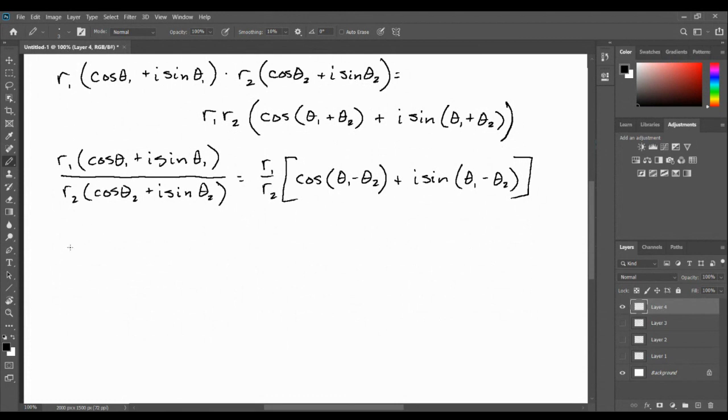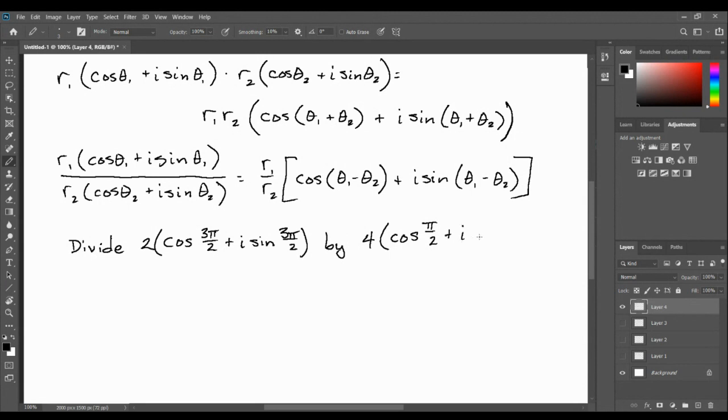Now, with this problem, I'm told to divide 2 cosine of 3 pi over 2 plus i sine 3 pi over 2 by 4 cosine pi over 2 plus i sine pi over 2.